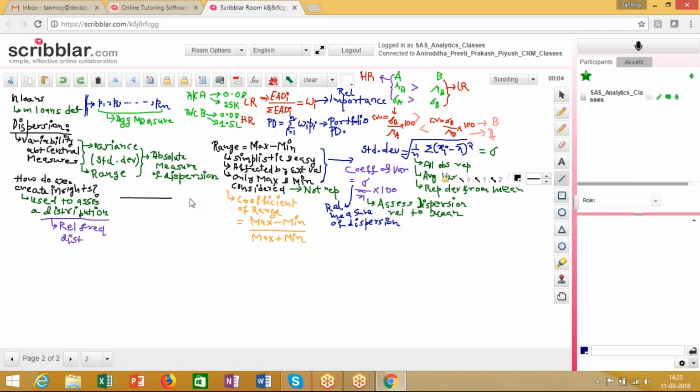Basically I have this variable, say x, and this variable x has certain relative frequencies.